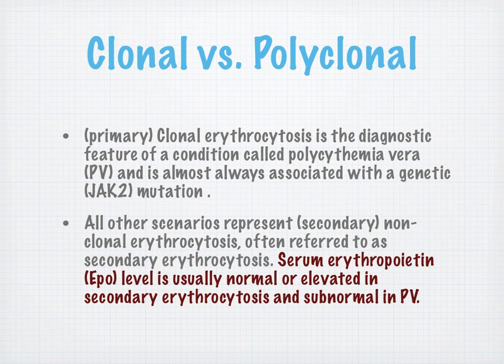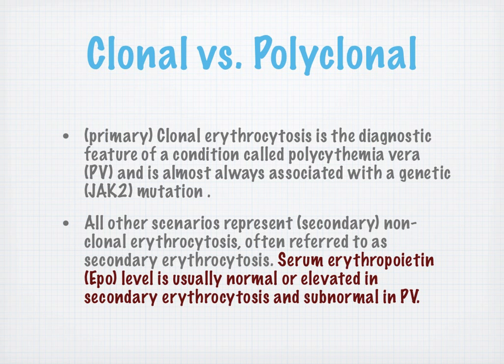Clonal versus polyclonal again. Primary or clonal erythrocytosis is the diagnostic feature of Polycythemia vera. Polycythemia vera is often referred to as P vera or PV, and it's almost always associated with a genetic mutation in JAK2. All other scenarios represent secondary.